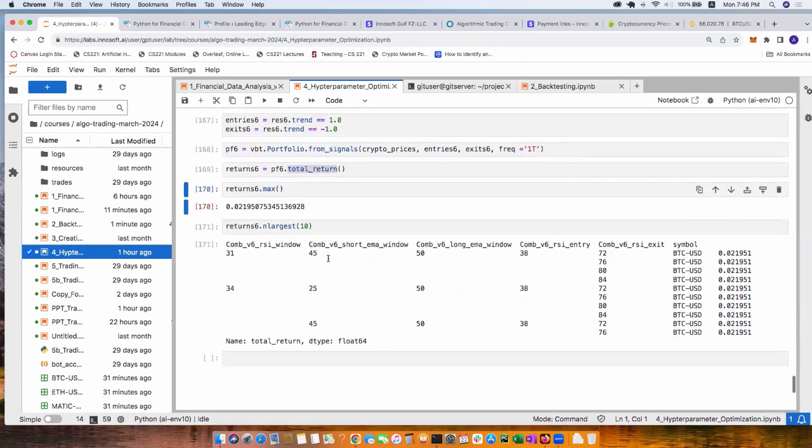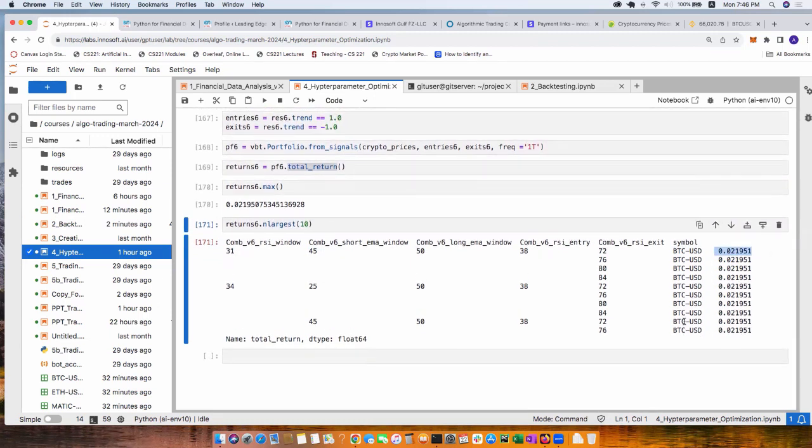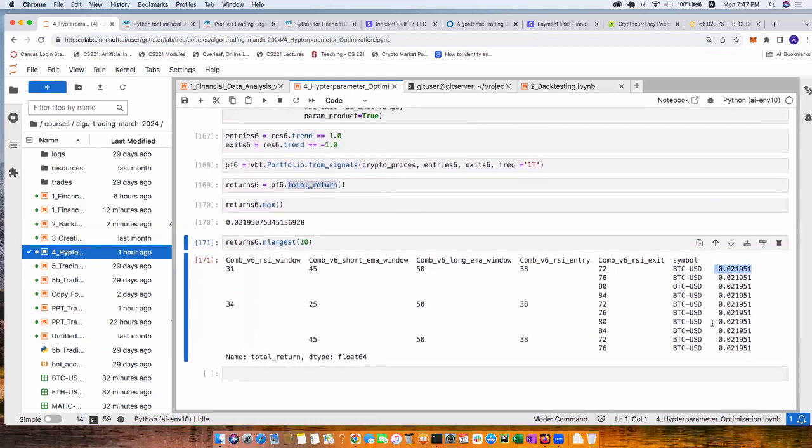That's the max return, and it provided me with the values that give the max return. For instance, this is the RSI window, this is the exponential moving average window, and then the RSI, and that's the return I'll be able to get. I showed you this to demonstrate that you can backtest multiple symbols or assets with multiple indicators and try to find the combination that provides the best return. That's called hyperparameter tuning.